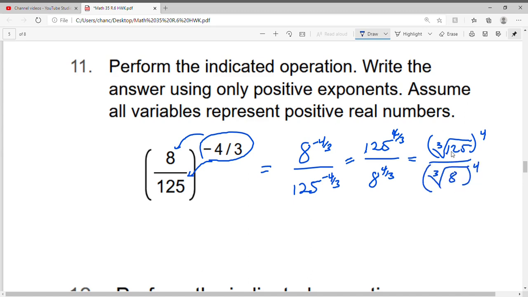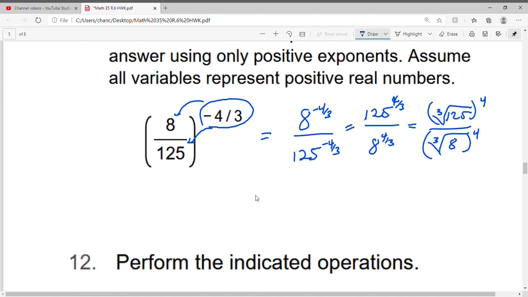And now we can simplify this. The cube root of 125 is equivalent to 5, and the cube root of 8 is equivalent to 2. We can raise 5 to the 4th power, that is 625, and 2 to the 4th power, that's 16.